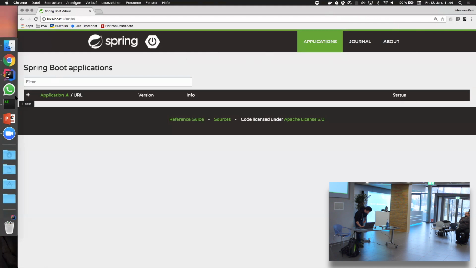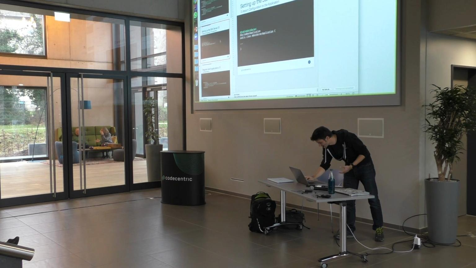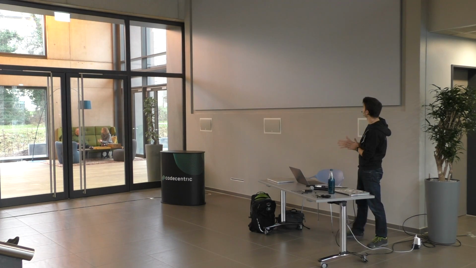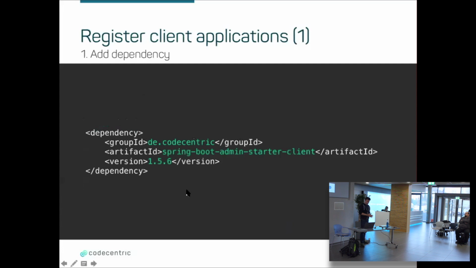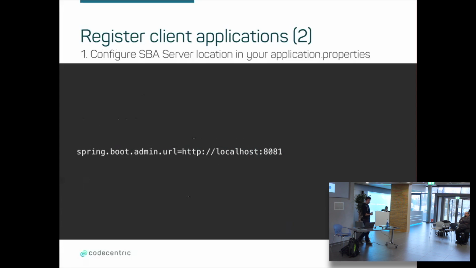One easy way of doing this is just using the Spring Boot admin client. If you have an existing Spring Boot application, you just need to include our starter for Spring Boot admin client, which contains some auto configuration, which is triggered by setting the Spring Boot admin URL and basically telling the client where to find the admin server.